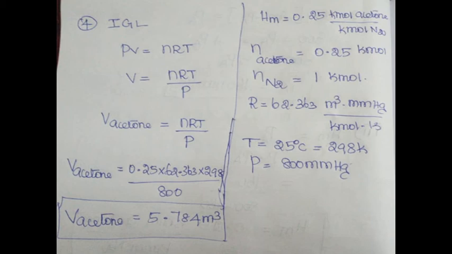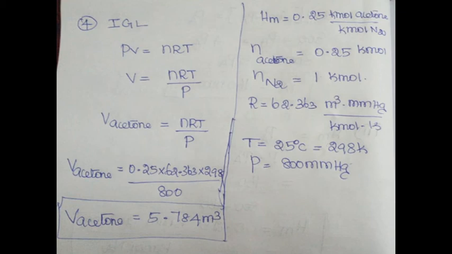Capital R is a constant value. Capital R depends upon the pressure, temperature and volume units. Depends upon the pressure means the pressure unit is mmHg. That's why the capital R value is 62.363 meter cube mmHg divided by kilomole Kelvin.